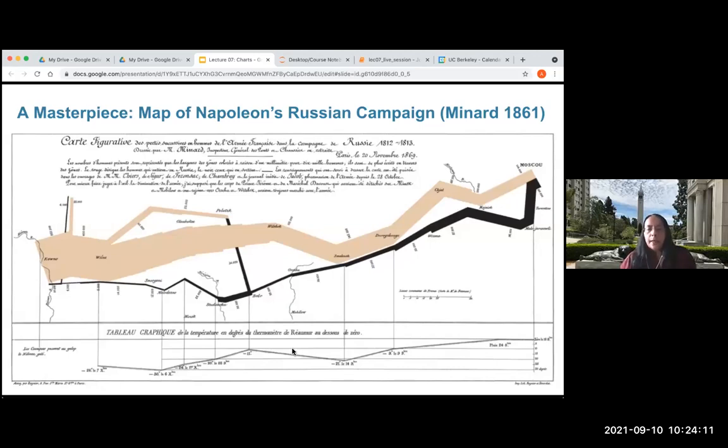So this graph, let me actually pause for a second and take questions about the graph. It was a stunning summary of the information, where the light brown part, Pooja, represents the army advancing.